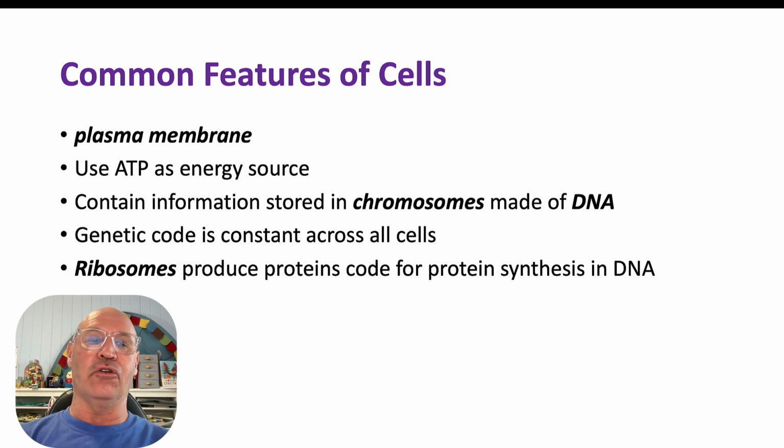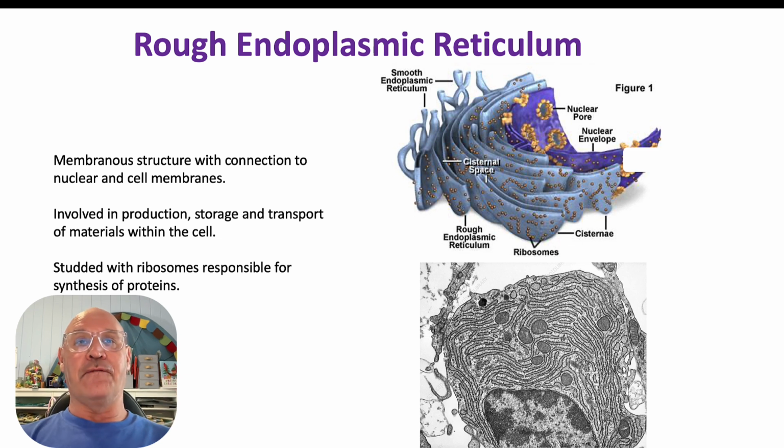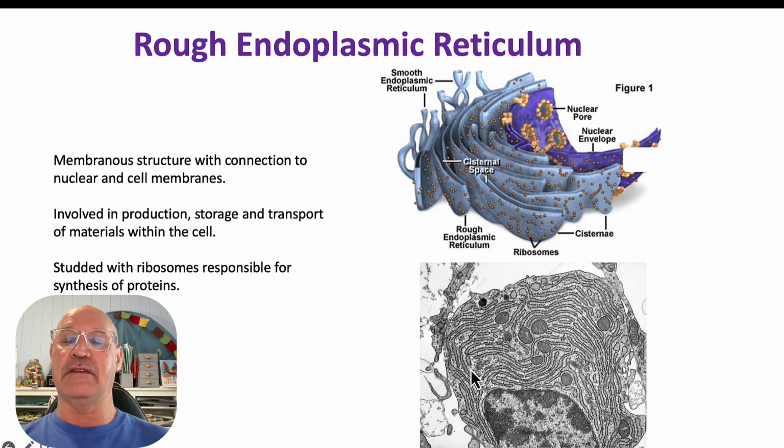So let's have a look at the organelles that are in eukaryotes. First of all, there's not any particular order, but we've got the rough endoplasmic reticulum. This is what it looks like in terms of a diagram, and this is how we would identify it on an electron micrograph. We can see that we've got this highly folded membrane, and it's dotted with the ribosomes.